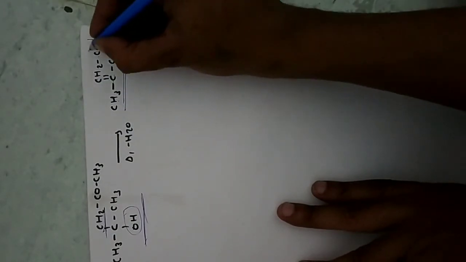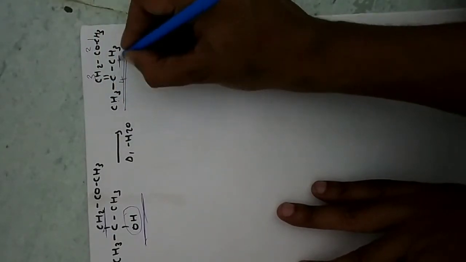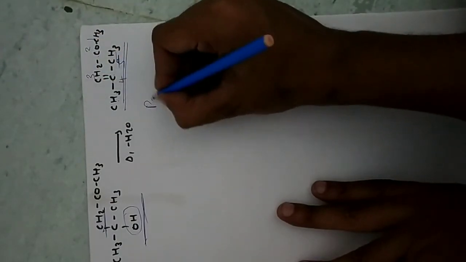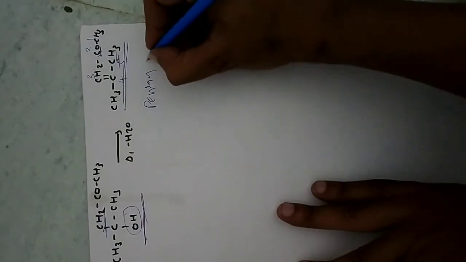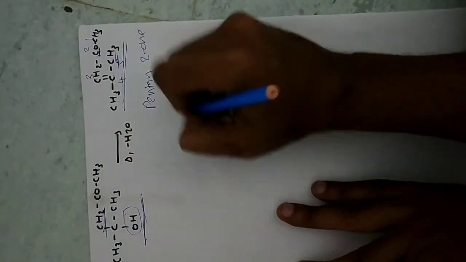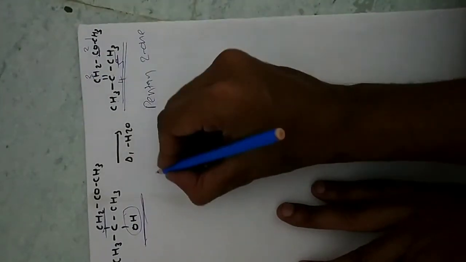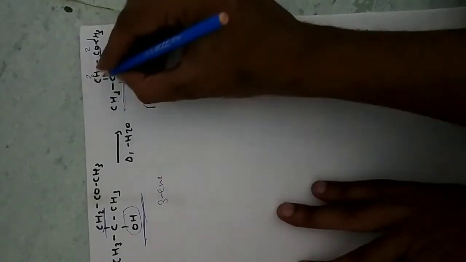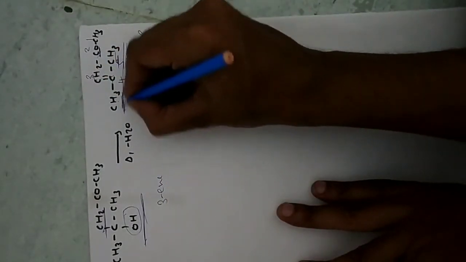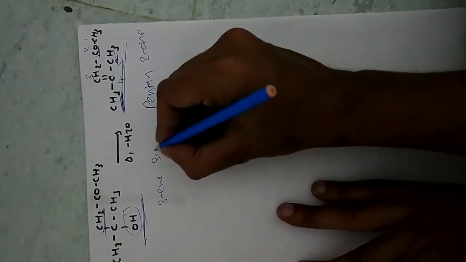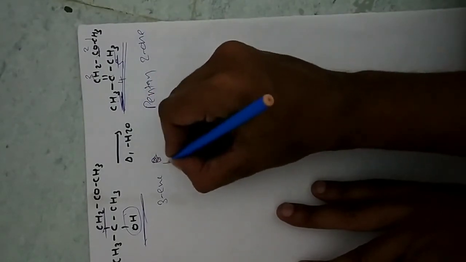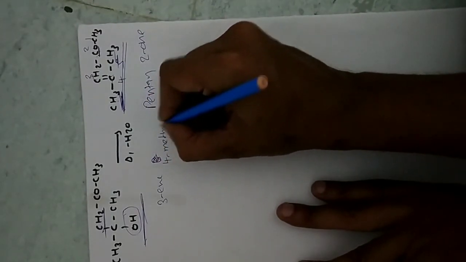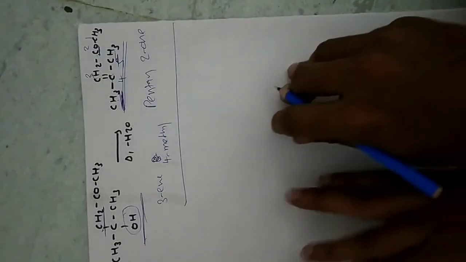You can say 1, 2, 3, 4, 5 carbons in chain. So pentane. On second number carbon we have ketone group, 2-one. On third number carbon we have double bond, 3-ene. On fourth number carbon we have this methyl group, 4-methyl. So this one is our product 4.